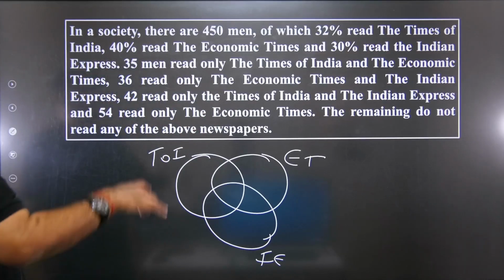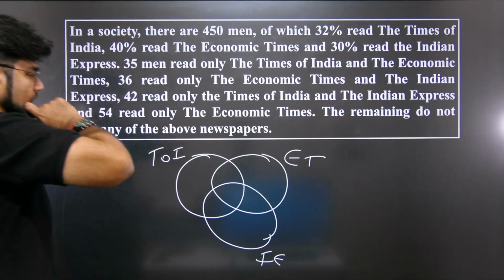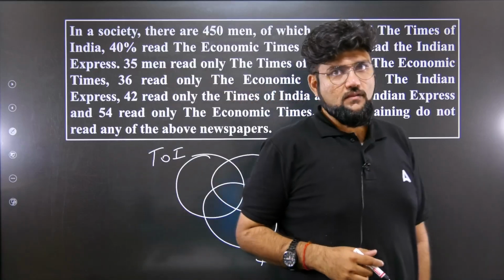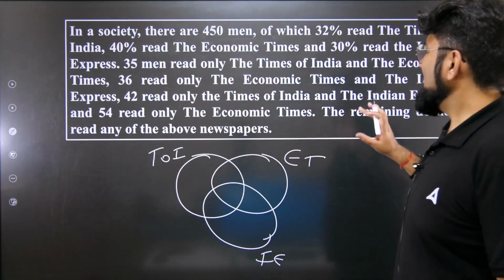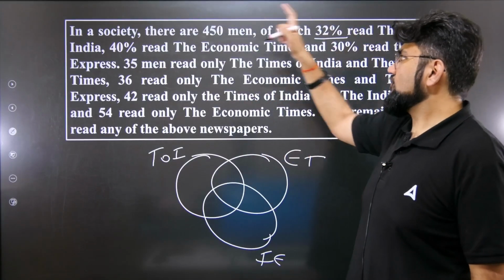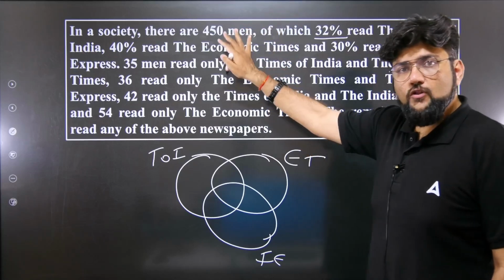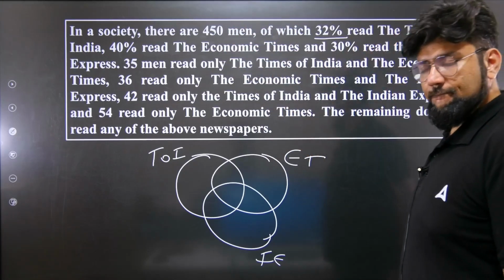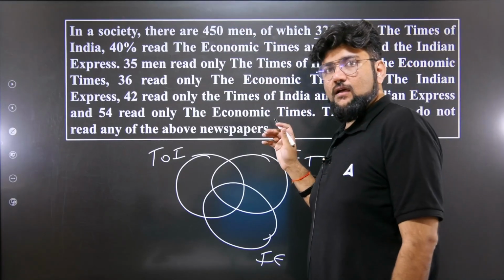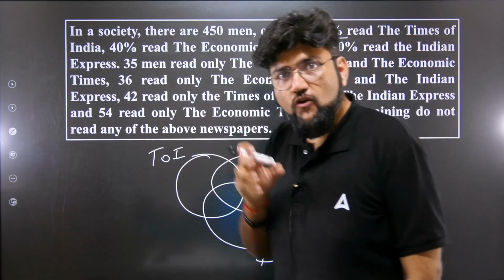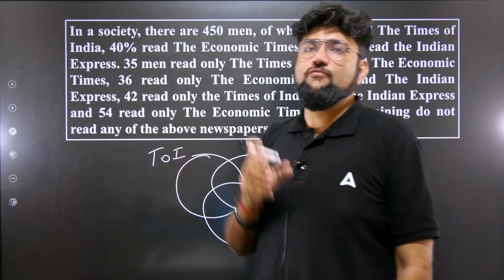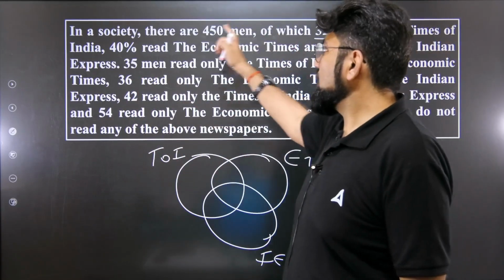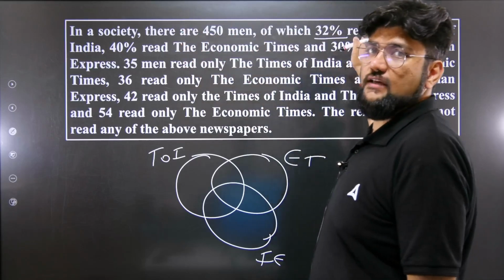Now, they are saying that 32% read the Times of India. Now, you tell me, is it easy for you to calculate 32% of 450? Or you can go the other way around as well. Always remember, A% of B is equal to B% of A. So, if calculating one way becomes difficult, you can always go the other way.